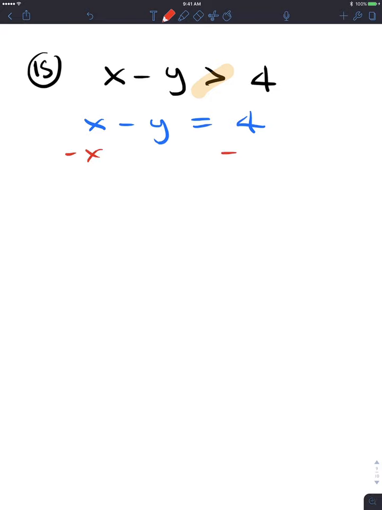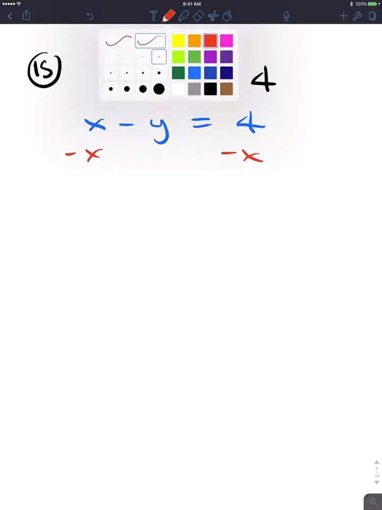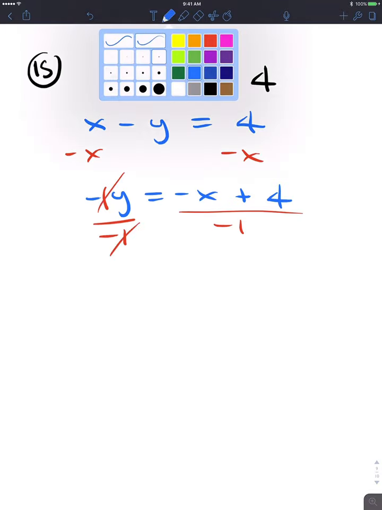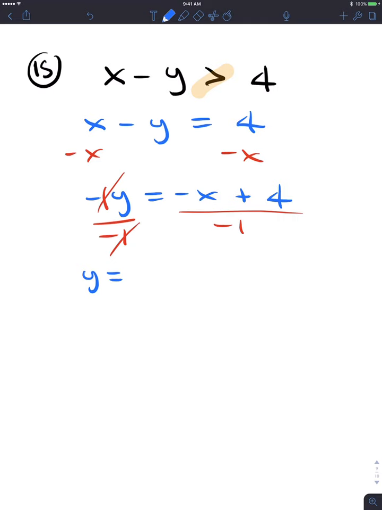I'm going to subtract my x from both sides. We end up with negative y equals negative x plus 4. Now, there's a negative 1 times this y, so I'm going to divide both sides by negative 1. We're going to end up with y equals a negative x divided by a negative 1 plus 4 divided by negative 1, or simply y equals x minus 4.